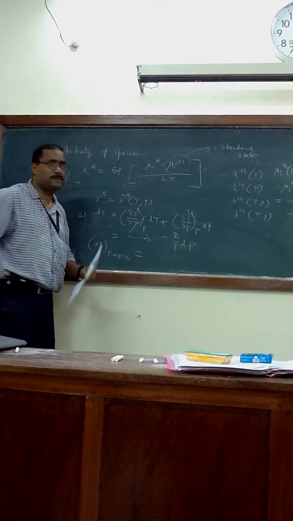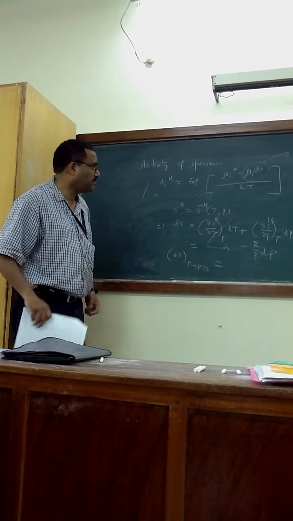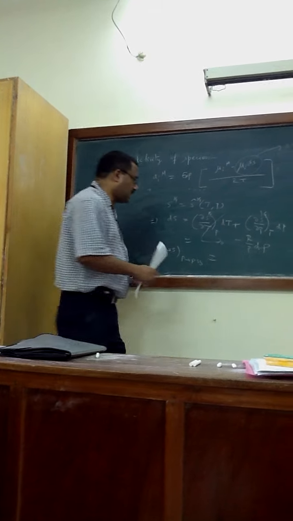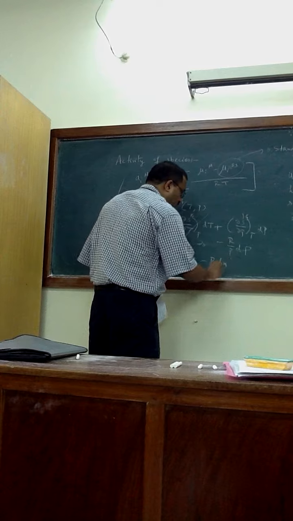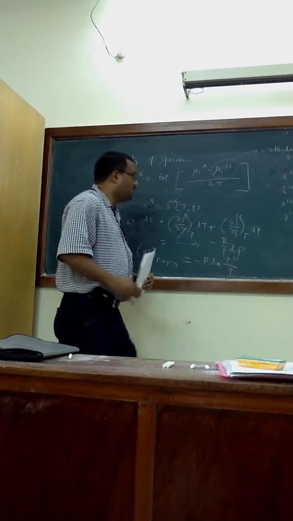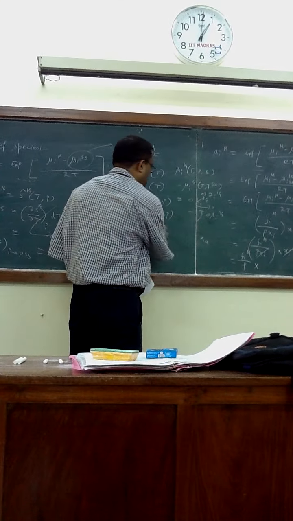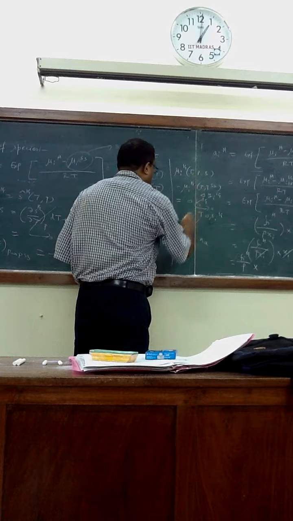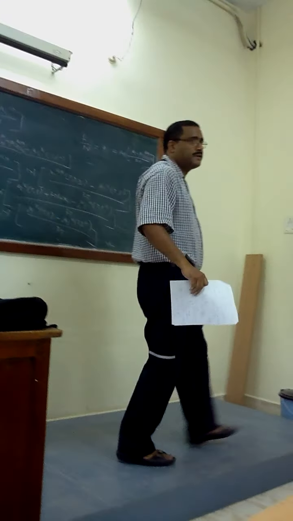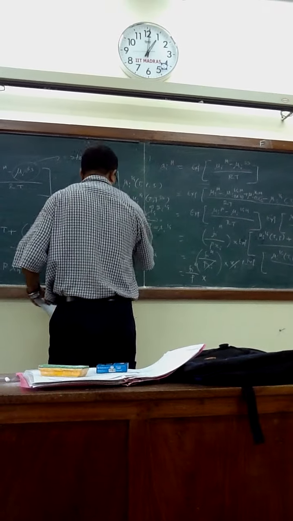Tell me the answer. It is minus R ln P_SS by P. So what will be delta GIG at T, P? This subtraction, what will be minus T delta SIG? Plus RT.